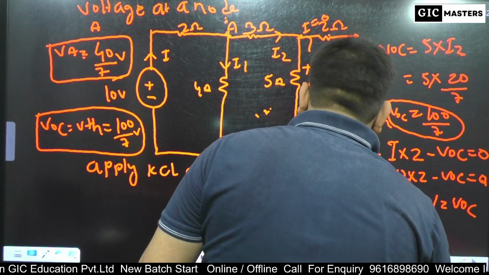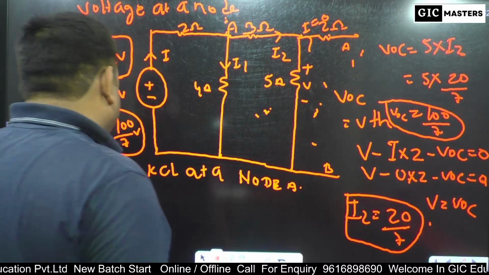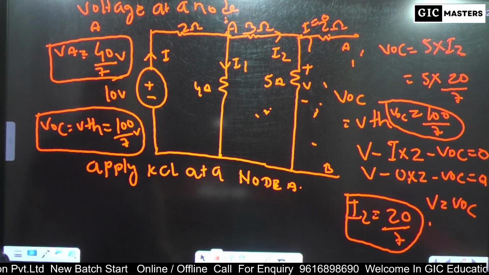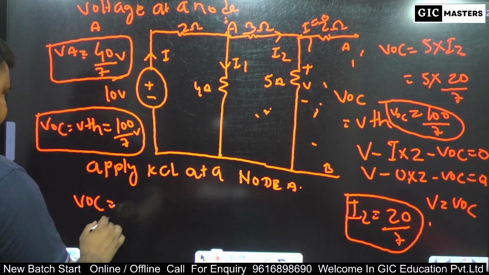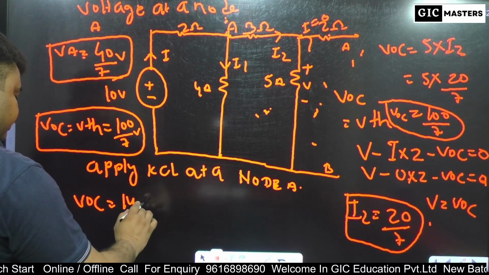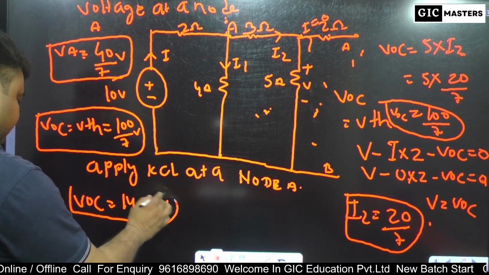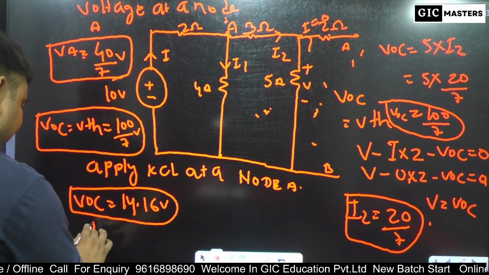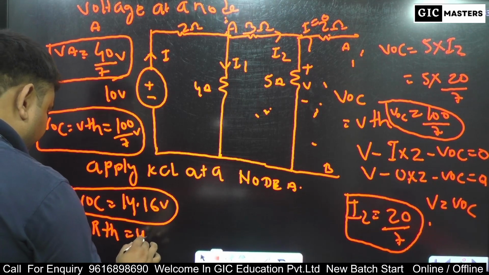Here the Thevenin's voltage is 14.16 volt and RTH equals 4.5.